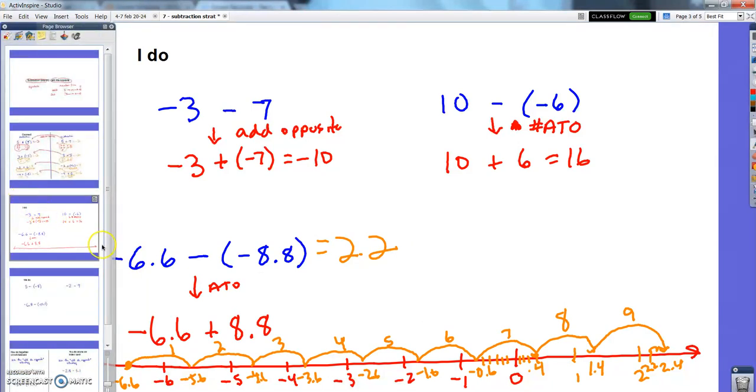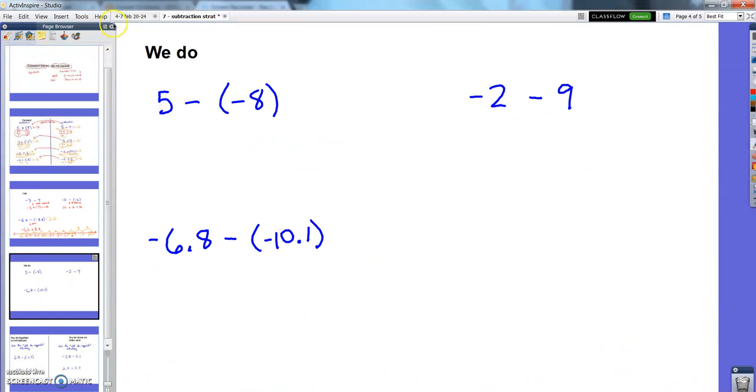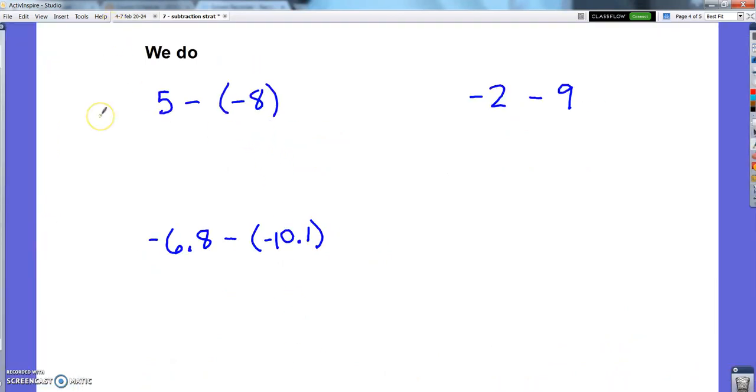All right, open up your math notebook, please, and let's do some quick examples together. All right, so my strategy today is I'm going to look at these, and I'm just not going to subtract. I'm going to add the opposite instead. So I'm just going to turn that into an add the opposite question.